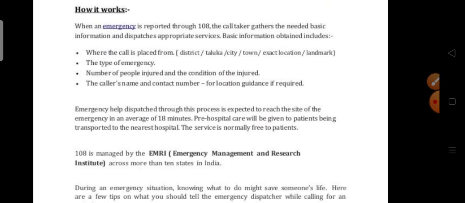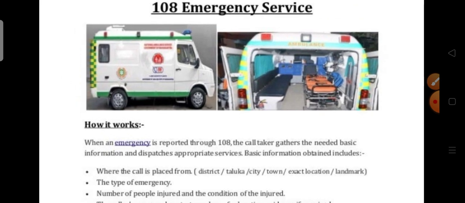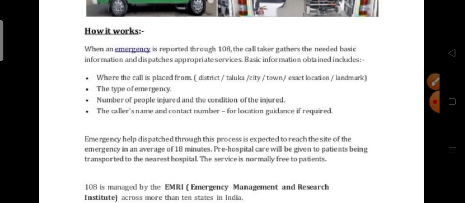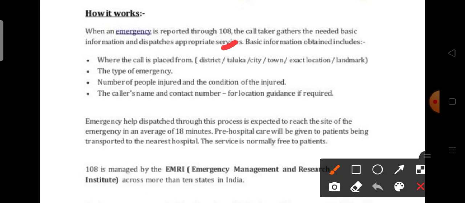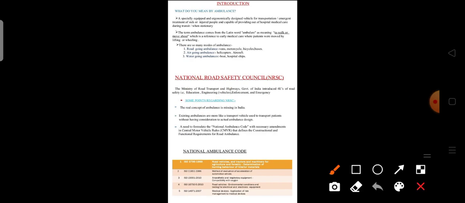I have told this one at the start. This is also 108. You can write these 3 points up to here, ma. This point, this and this also, you can write it. If you want, you can write, otherwise no need.